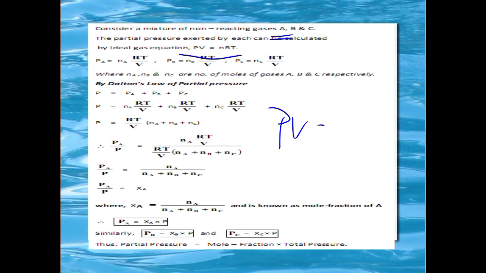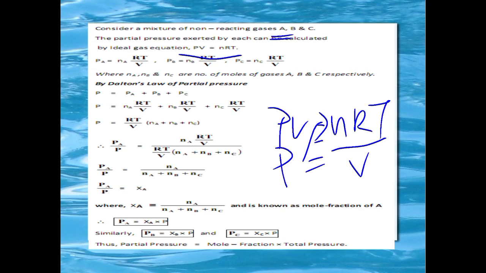PV is equal to nRT, so P will be nRT by V. So PA is nRT by V. Instead of n we have to write Na, that is the number of moles of A. There will be moles of all gases, but we have to consider only the number of moles of A. So PA is equal to Na RT by V. Similarly, PB is equal to Nb RT by V, PC is equal to Nc RT by V. Here Na, Nb, Nc are the number of moles of gases A, B, C respectively.